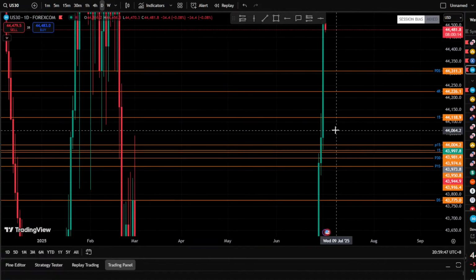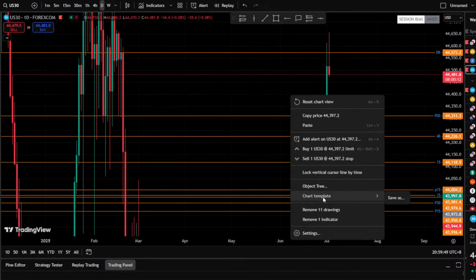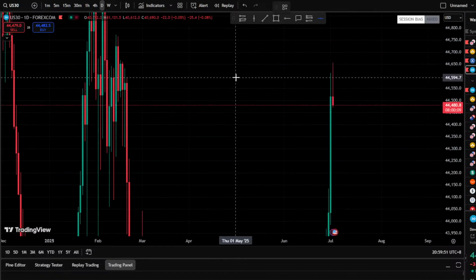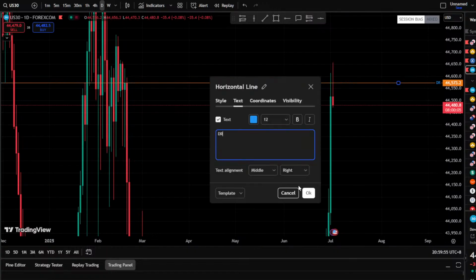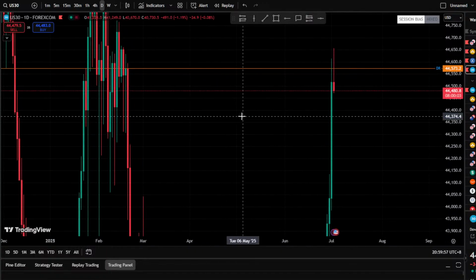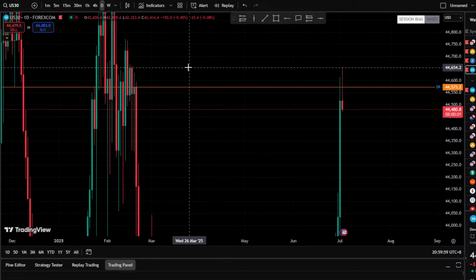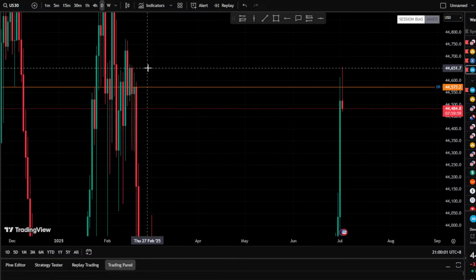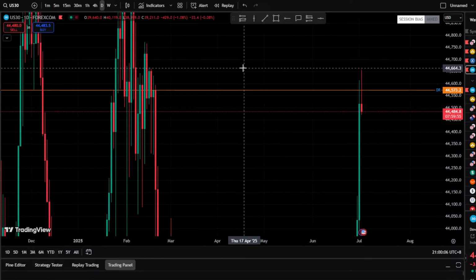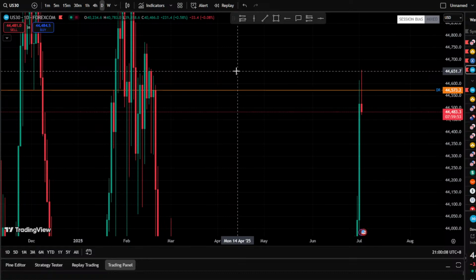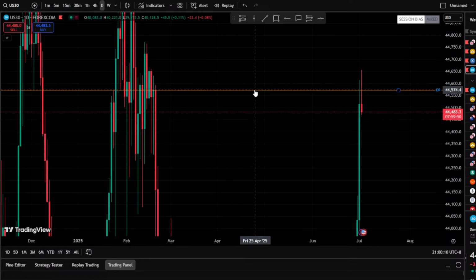I mean, I can delete all this. Kind of messy now. Let me delete first. Daily resistance here. Let's see from here to here, 69 pips. Let's just mark that too.